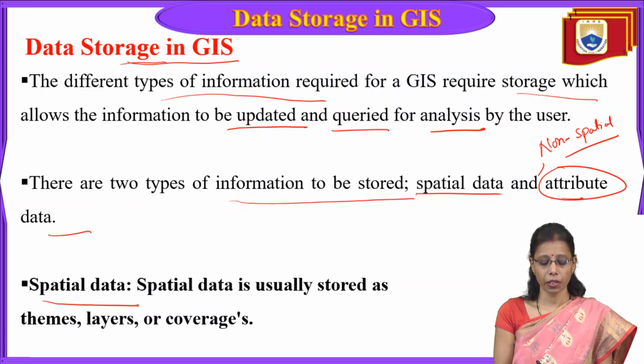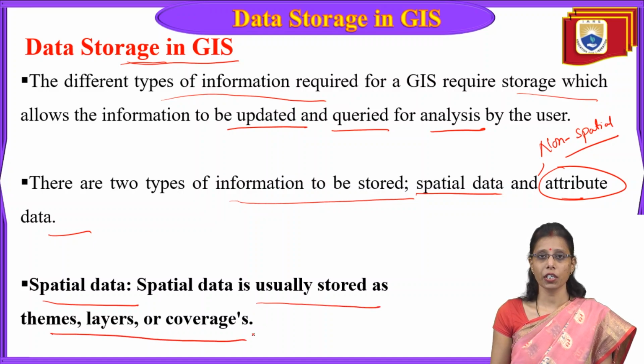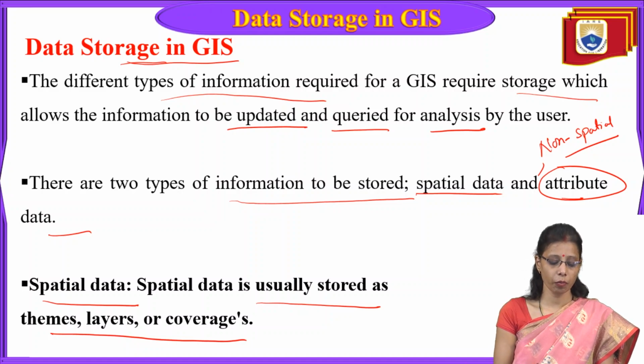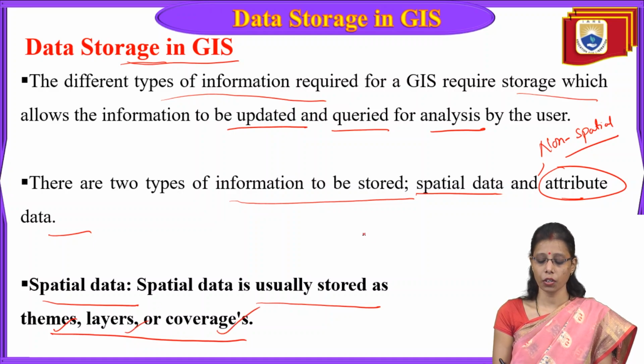Okay, so spatial data is usually stored as themes, layers, and coverages. When the spatial data is saved in a GIS storage device or database, it will be stored in the form of either themes, layers, or coverages. A theme is an individual type of spatial information.